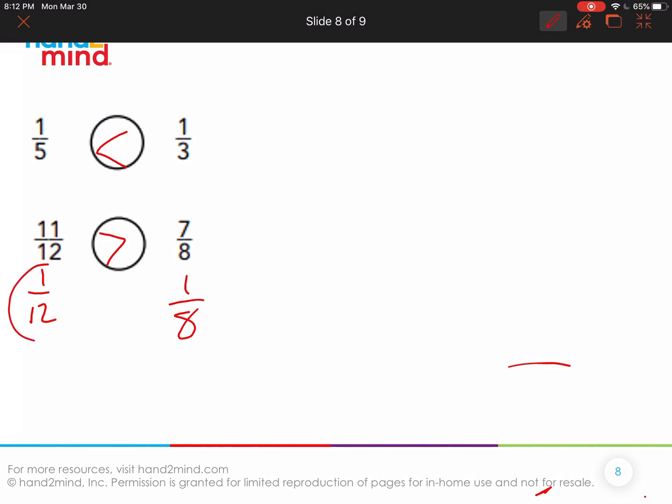And what do you know about a 12th versus an 8th? A 12th is smaller because there are more of those cuts, so it makes smaller pieces. That's going to be a smaller piece to get to the whole, so 11/12 has to be more than 7/8, because 1/8 is a larger piece to get there. Nice. That's thinking and reasoning about your fractions.